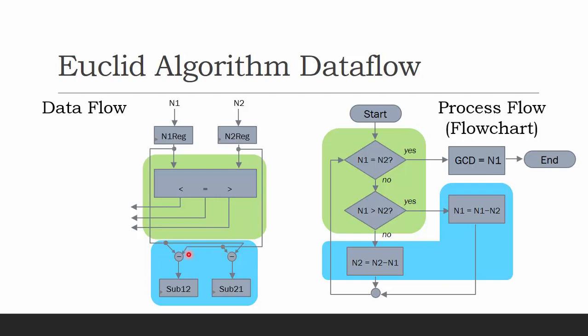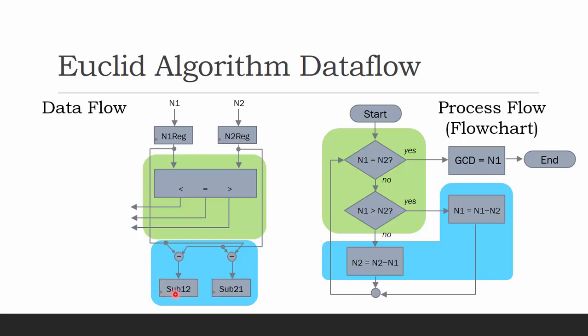And we calculate both actually in all states of the calculation. The subtraction of either N1 subtract by N2 or N2 subtract by N1, both will be calculated and kept in these two temporary registers.